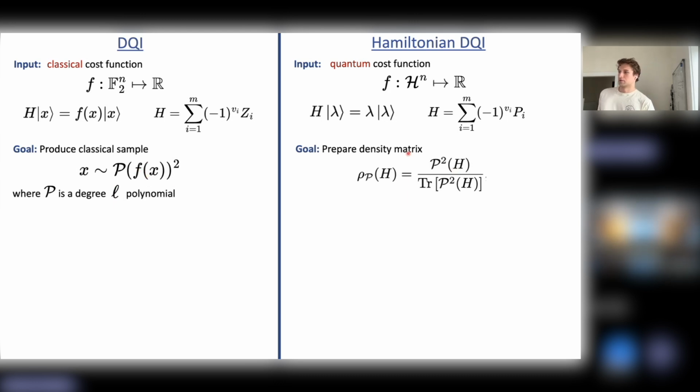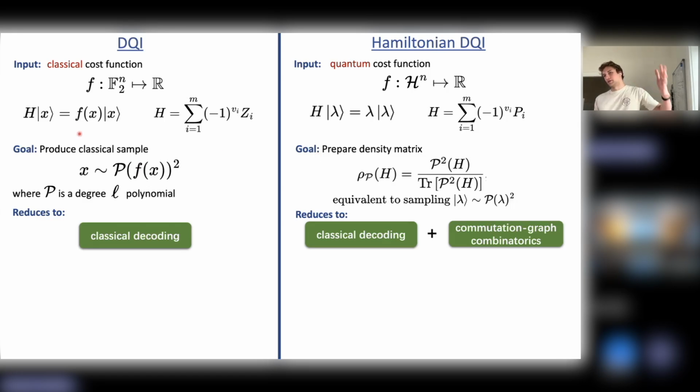So the natural generalization here is you want to prepare this density matrix, which scales like the square of some degree L polynomial of H. And this really is the same thing, because if you measure this in the eigenbasis of the Hamiltonian, it gives you some eigenvector with a probability that goes like P of the eigenvalue squared, so P of the energy squared. And indeed, if you identify f with this classical Hamiltonian, then this distribution here is exactly this distribution. So that's our goal.